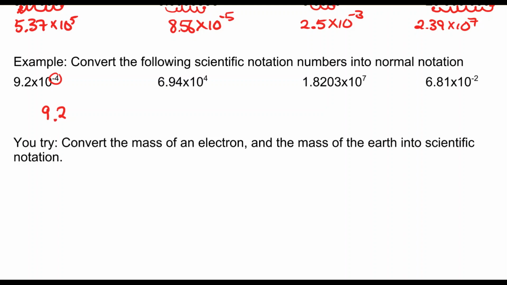So let's move that digit 4 times to the left instead. 1, 2, 3, 4. So we'll go 0.00092.